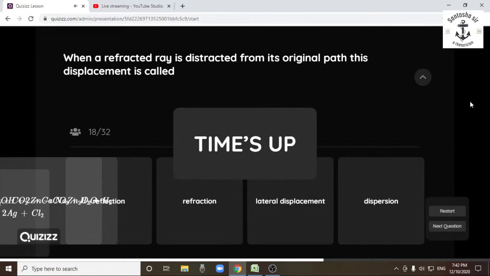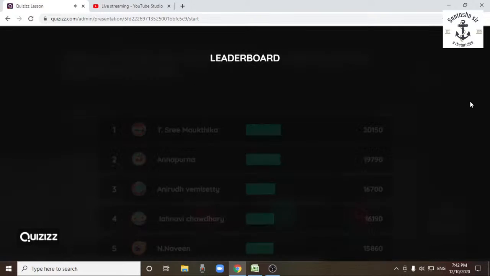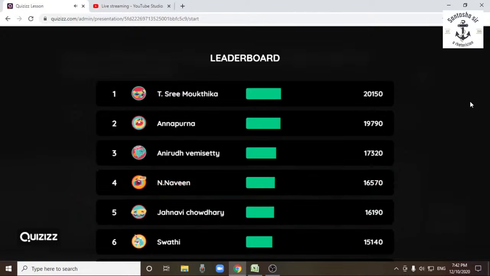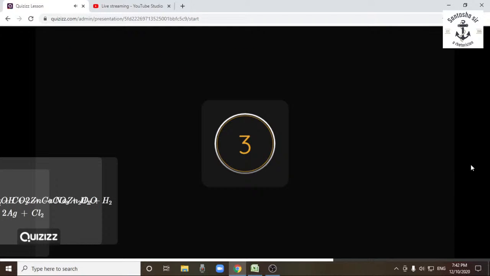Time is up. Let's check the scores. Mauktika, Annapurna, Anirudh, Naveen, Jahnavi. 7 members answered it right. Moving on to the next question.